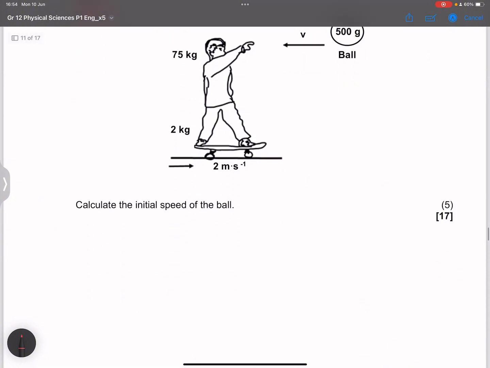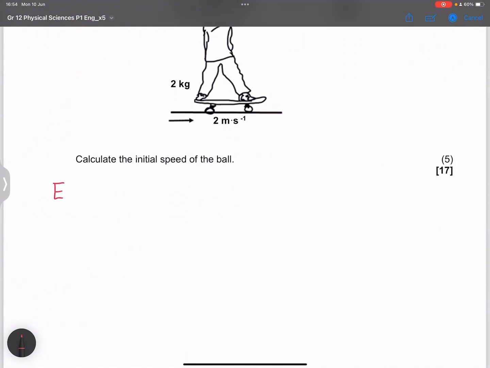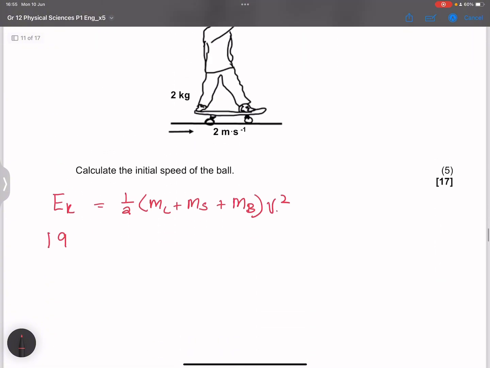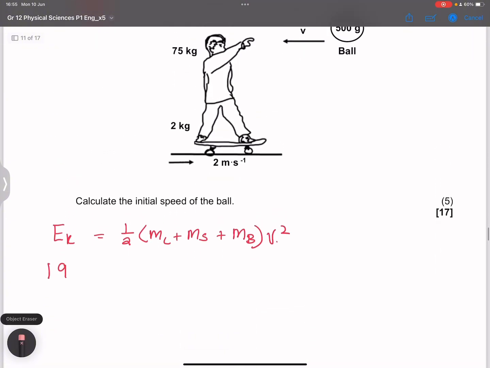So I can now say that the kinetic energy afterwards is going to be half of the mass of the learner plus skateboard plus the ball, times v squared. So that's going to be 146.